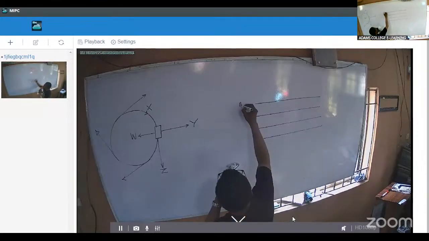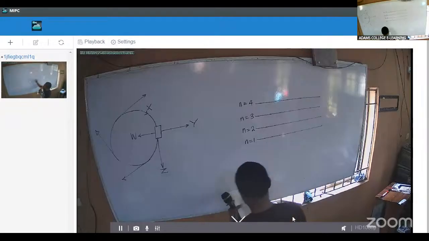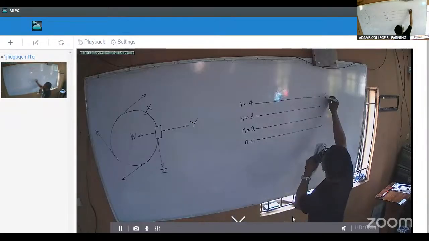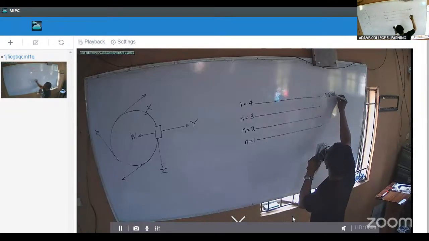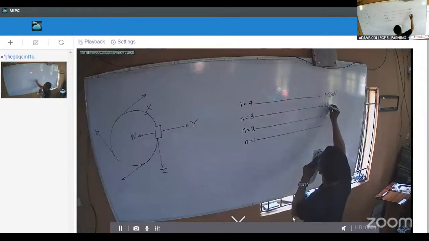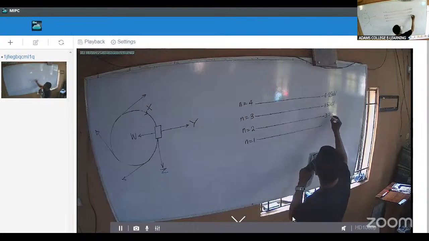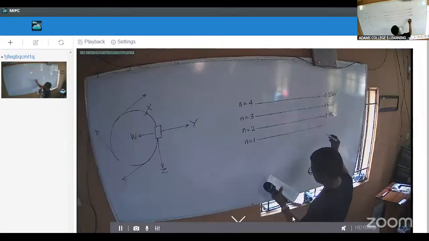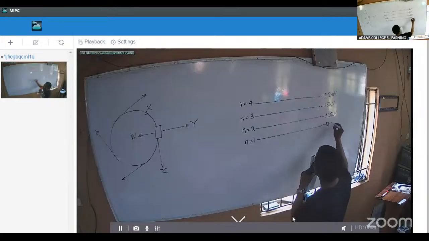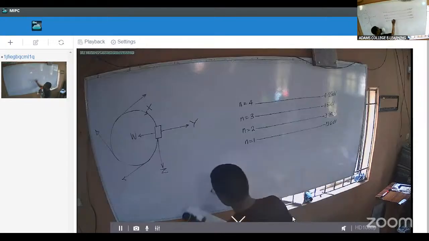So n is 4, n is 3, n is 2, n is 1. Minus 0.85 eV, minus 1.51 eV, minus 3.39 eV, minus 13.6 eV.